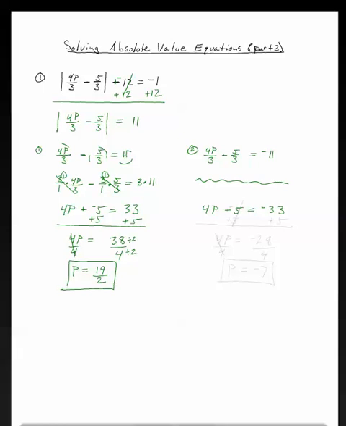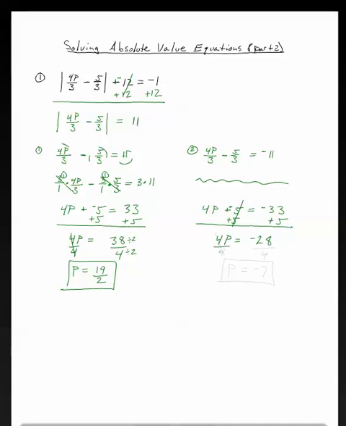In my second equation, I have 4p minus 5 equals negative 33, and I'm going to change my subtraction to addition of the opposite, and then add 5 to cancel the negative 5. Negative 5 plus 5 cancels, and I've got 4p equals negative 33 plus 5, so that's going to give me negative 28.